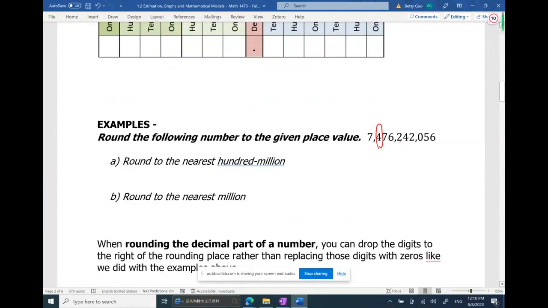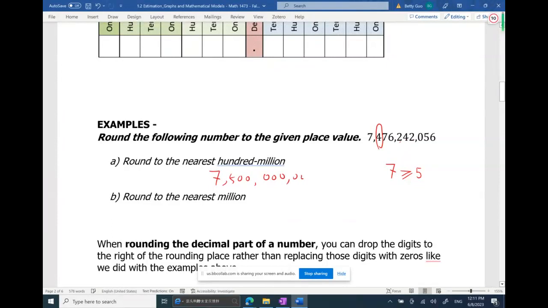Well, to round the number to the nearest 100 million, we need to look at the digit to the right of 4, which is 7. Always look at the digit right next to the place the rounding is going to happen. Since 7 is bigger than or equal to 5, we are going to round the number up. So round it up to 7,500,000,000.